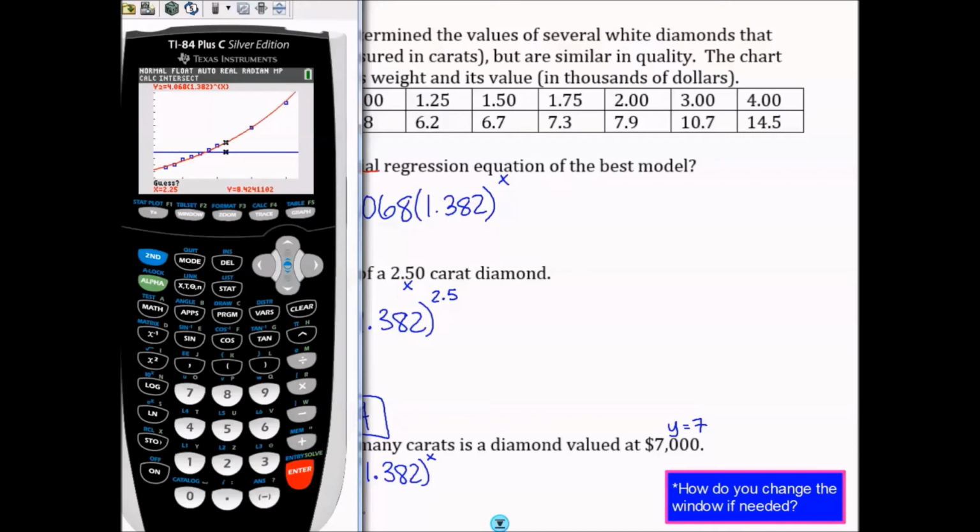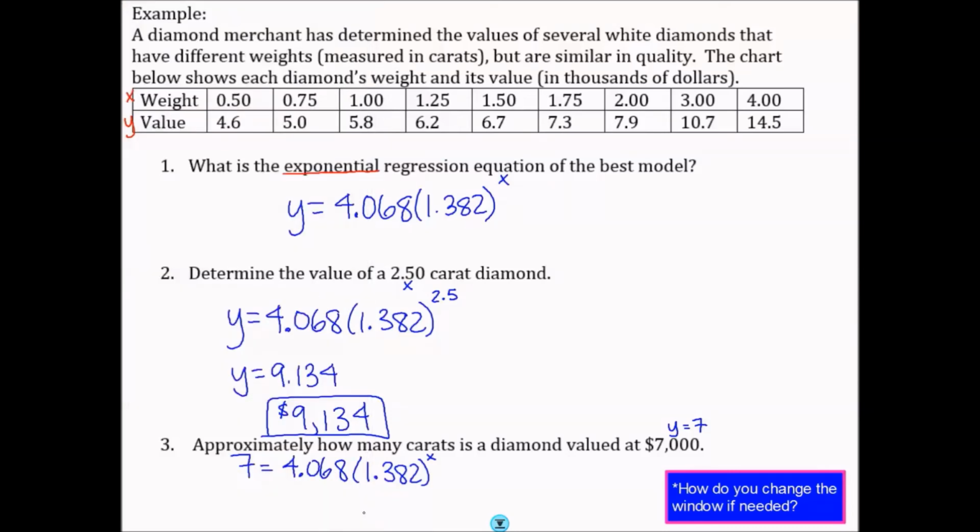Scroll toward the other solution and hit enter again. Then it gives us the answer down at the bottom. It tells us that x is 1.6776, so 1.678, and y is 7. So that will be the solution to our equation, 1.678 carats.